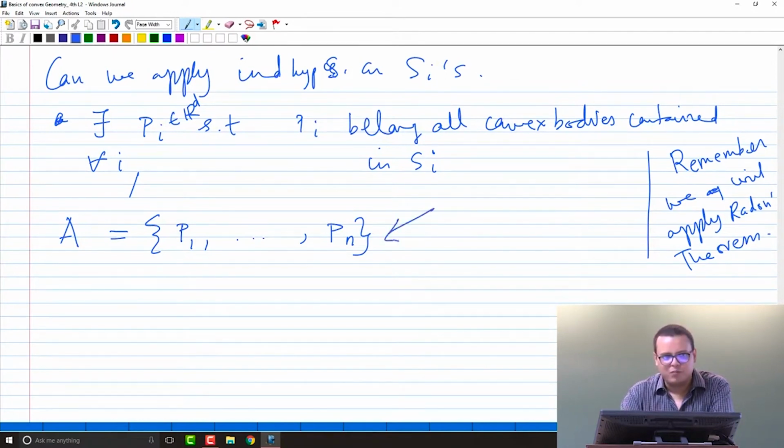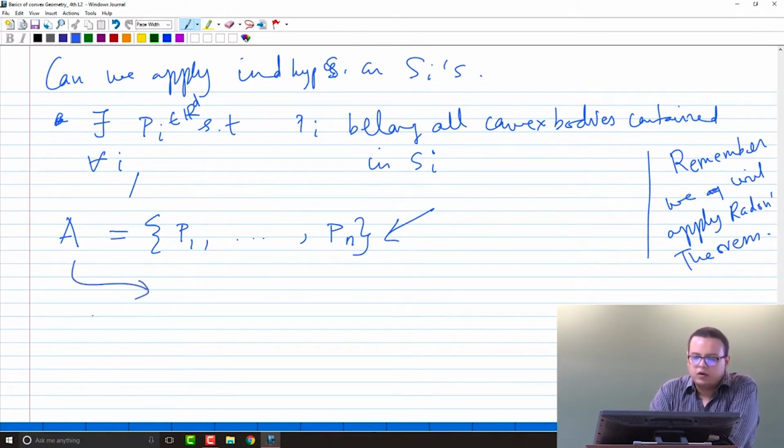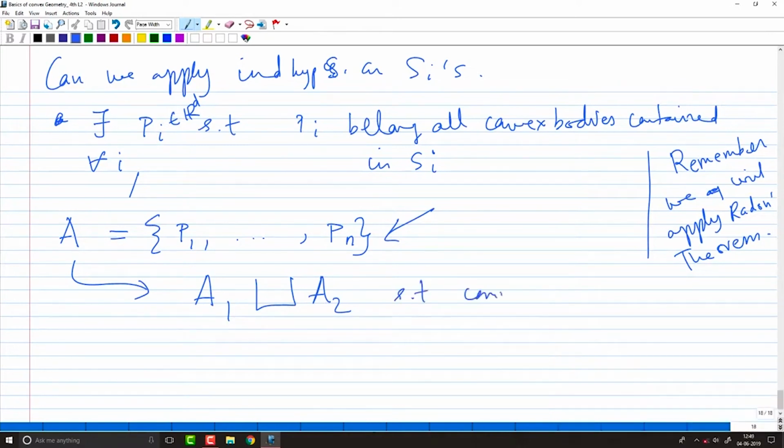This tells you that we have to somehow apply Radon's theorem here. So now, via Radon's theorem, what do we know? I can partition this set A into A1 and A2 such that the convex hull of A1 intersection convex hull of A2 is not equal to the empty set.